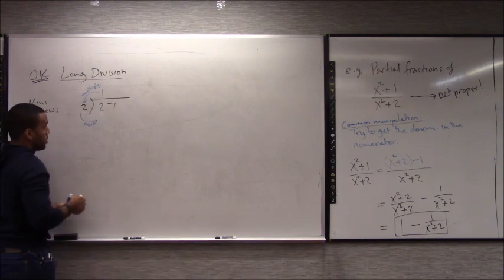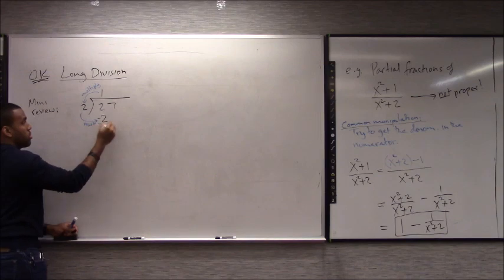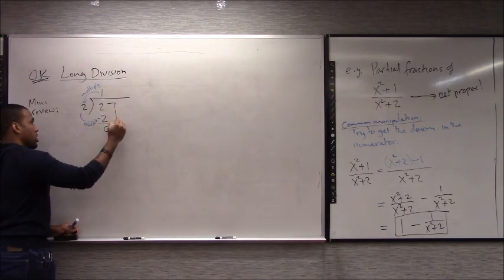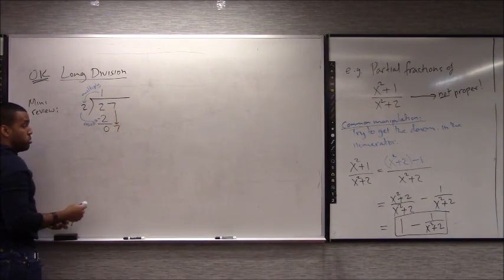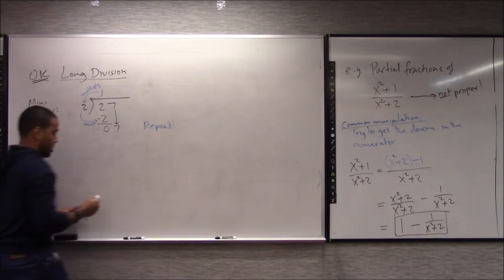You put that 2 underneath here, and you subtract it from the guy above. If I take 2 minus 2, you'll realize that 0 is left. Now you bring down the other guy, and you repeat the process.